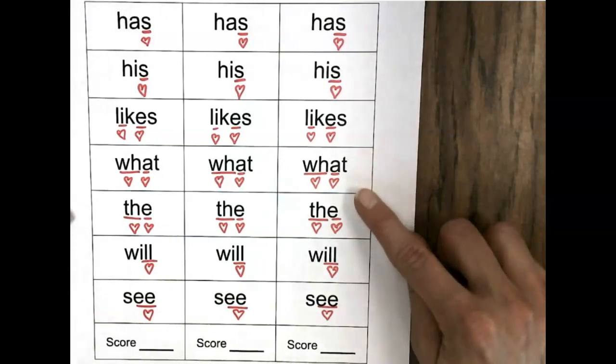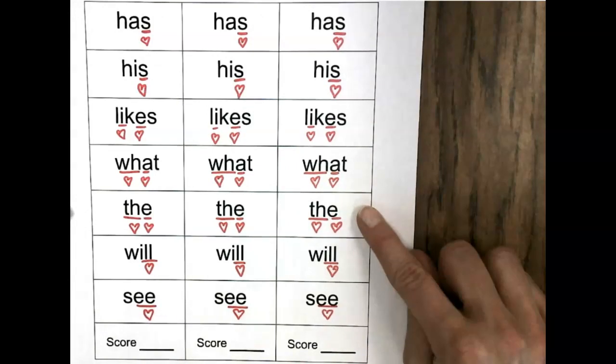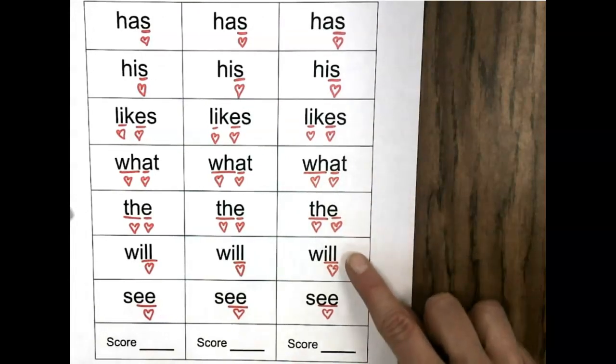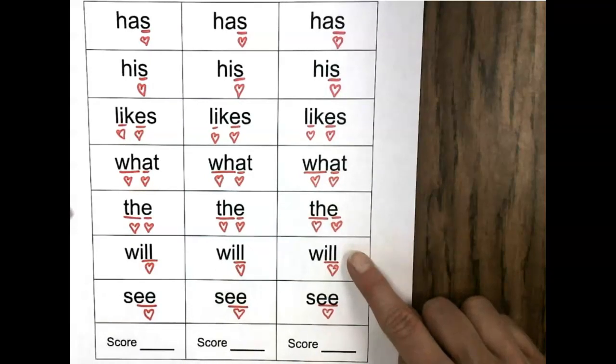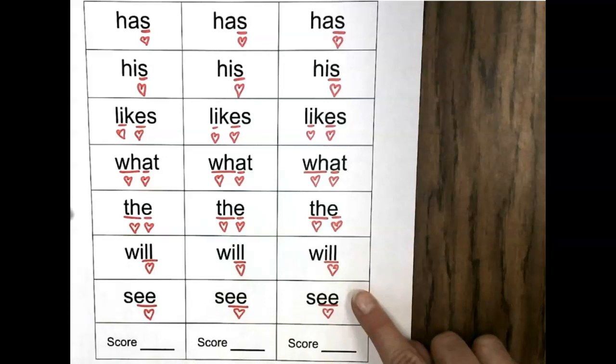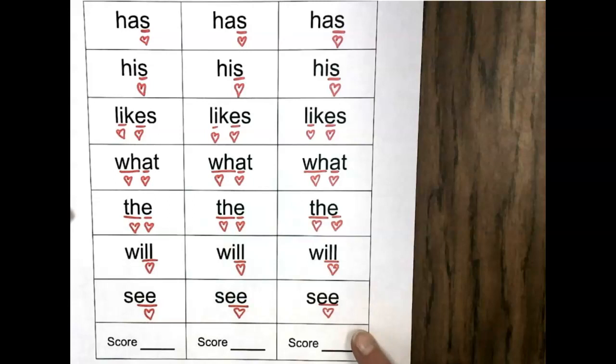What? Next word. The. Say the word. Will. And the last word. See. Count up how many you had correct and write your score here. Were you able to say all 7 and beat the teacher?